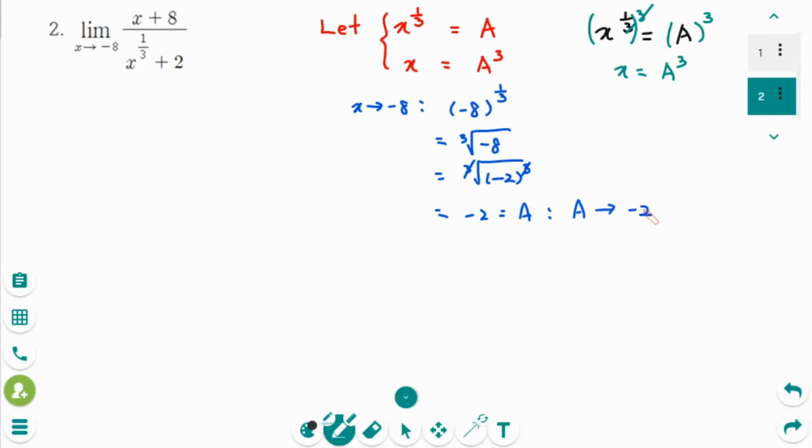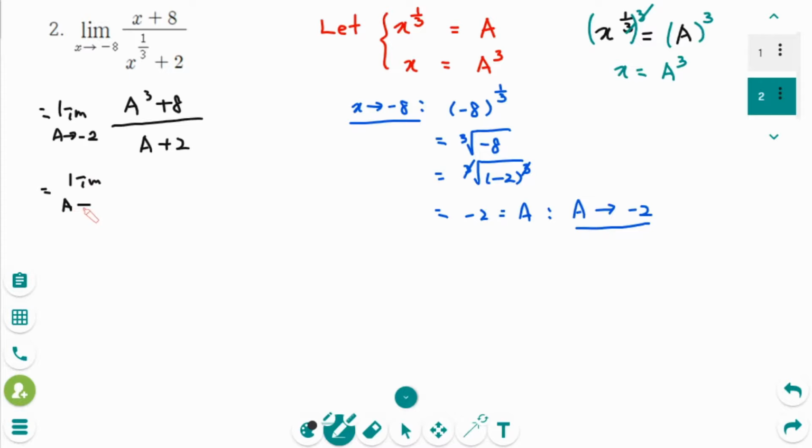So that means a approaches minus 2, the same. As a approaches minus 2, x equals a cubed, over a plus 2 and a cubed plus 8.